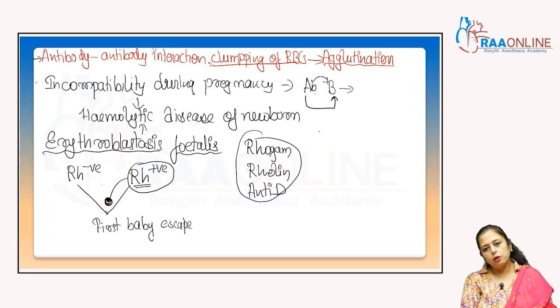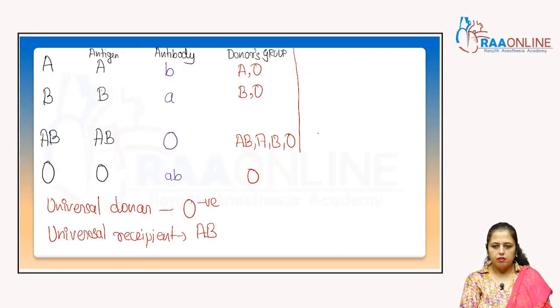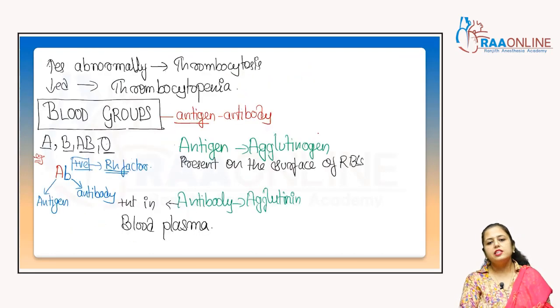So this is all about blood group and antigen antibody interactions. Clear?